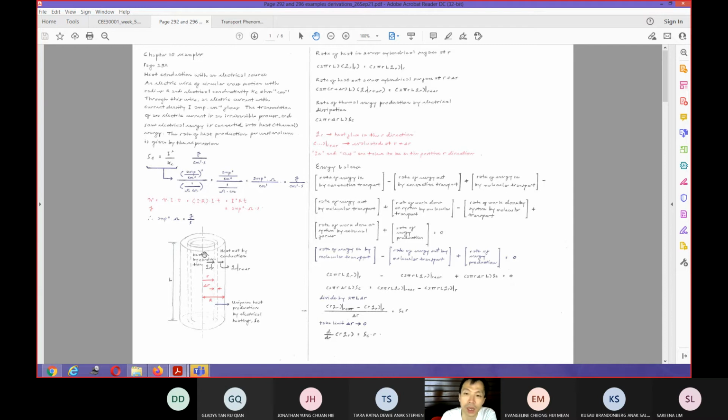Okay, so the cylindrical surface here corresponds to 2 pi r, and then when you multiply it with the length L, you will have this 2 pi r L. Okay, then when you merge it all together, that will be equal to this term evaluated at r. Now, the rate of heat out across the cylindrical surface at r plus delta r is the surface that you take at this particular point here. Okay, that refers to this particular heat out by conduction.